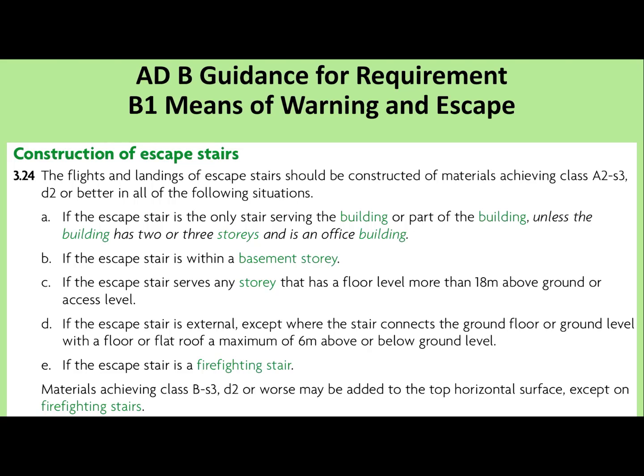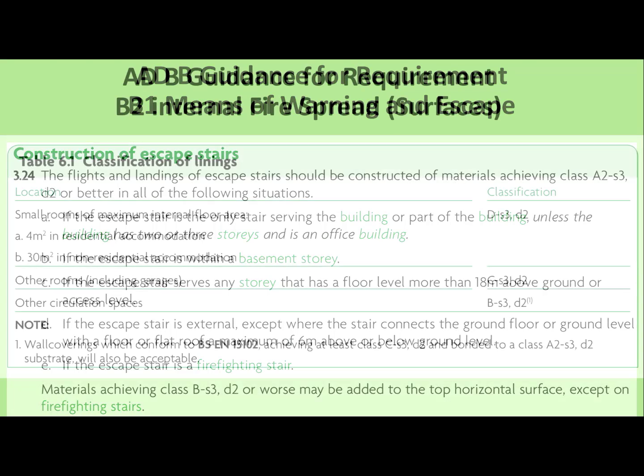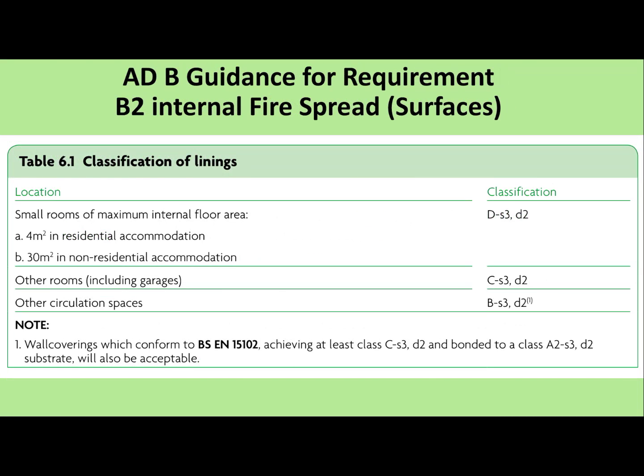Remember, the S3, D2 is not controlled, because we always have the worst classification quoted. And we go to the bottom of the page. The treads must not be less than Class B, and again S3, D2, worst classification for smoke and droplets. So that's one example.